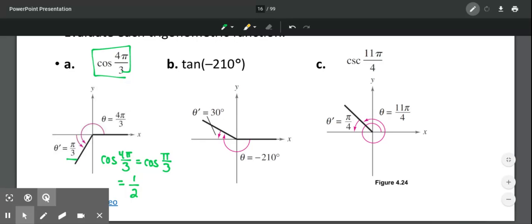The tangent of negative 210 is this angle right here. So your reference angle is 30 degrees. So this would be the same thing as the tangent of 30 degrees, right?